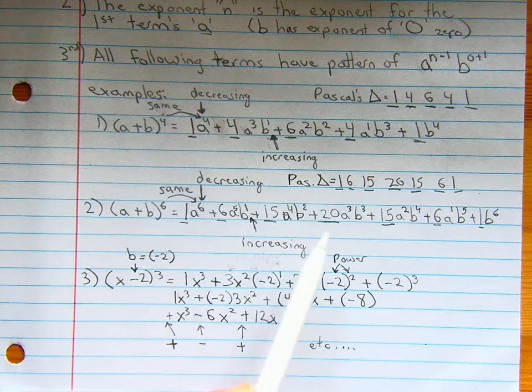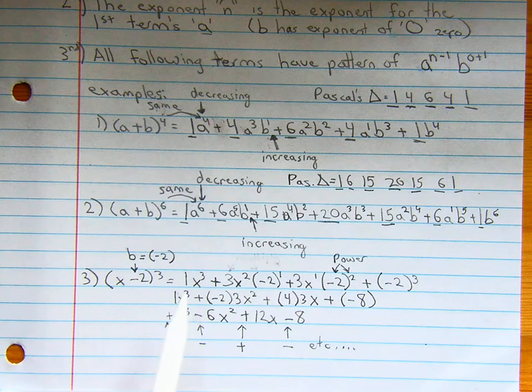Parentheses around it, -2, etc. So that's what we have down here. I have my coefficients, 1, 3, 3, 1. I have my decreasing a, which in this situation is an x, until it disappears. And then my b, which is -2, goes from an exponent of 0 to an exponent of 1 to an exponent of 2 to an exponent of 3.